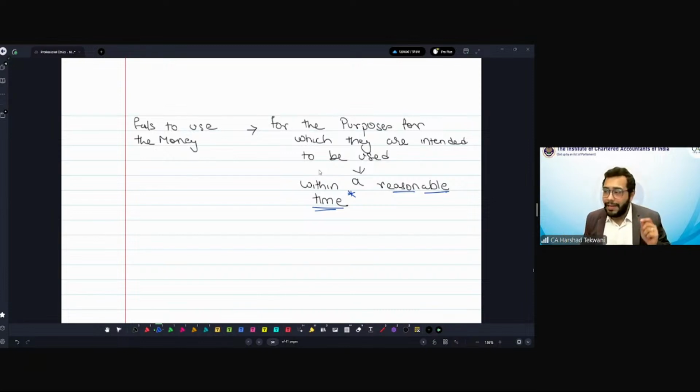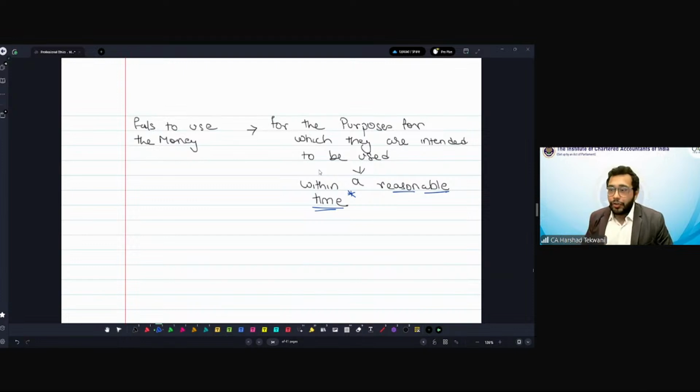Is it necessary for me to first transfer that amount to a separate bank account and then pay the tax from there? No, it is not necessary, because here we have to consider the time factor. If the time gap between receiving and the actual payment of that money is too long, then we have to keep it in a separate bank account.